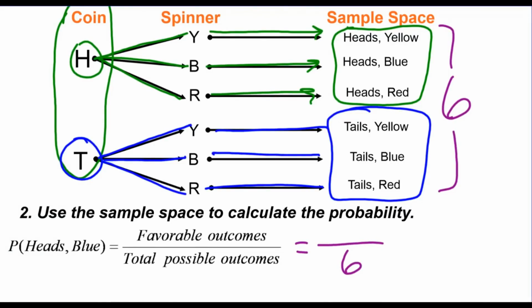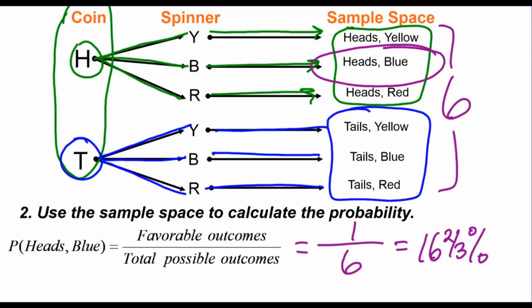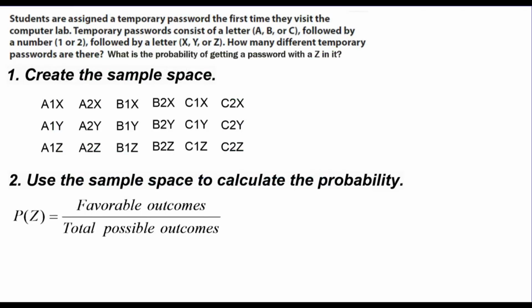And the favorable outcomes, well, the one I'm looking for is heads blue, and that is right here. There is only one outcome that is heads blue. So my probability of this compound event is 1 out of 6, or 16 2/3% chance of getting heads followed by blue. So that's getting my sample space using a tree diagram.